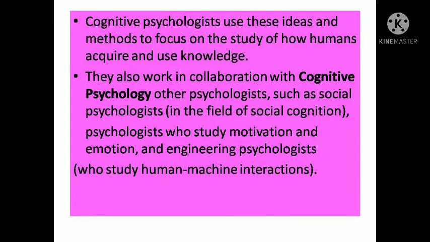Cognitive psychologists use these ideas and methods to focus on the study of how humans acquire and use knowledge. They also work in collaboration with other psychologists such as social psychologists in the field of social cognition, psychologists who study motivation and emotion, and engineering psychologists who study human-machine interactions.